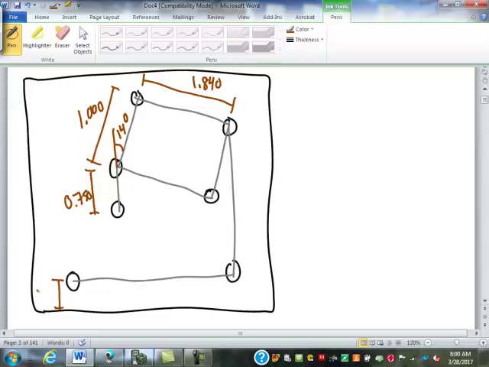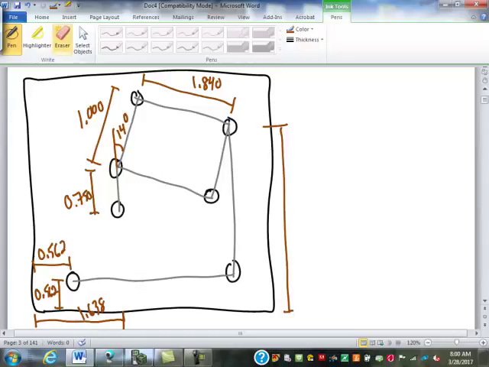.562 in both directions there. 1.638 there. And what's that? Oh, is it not equal, are they?